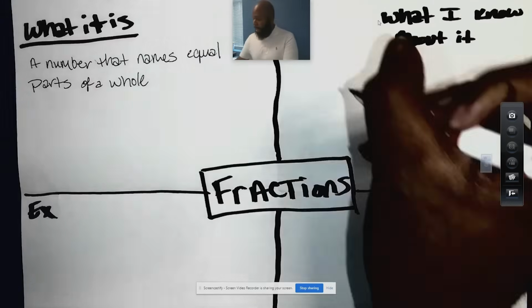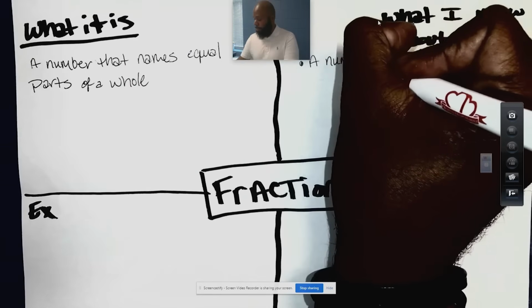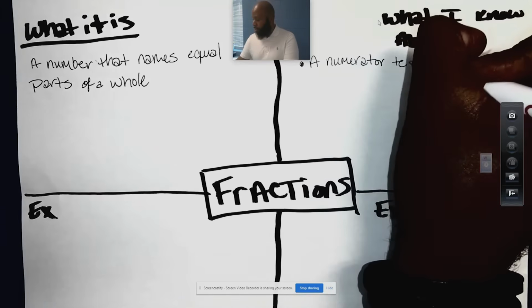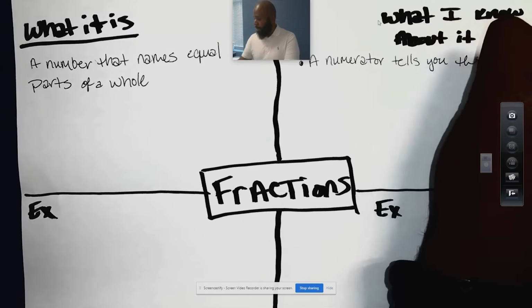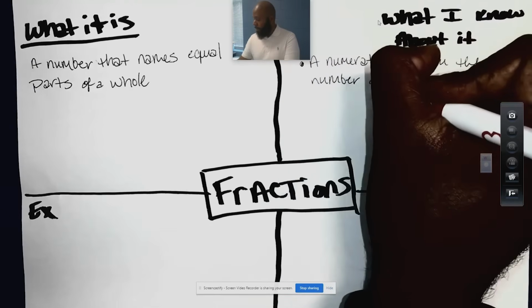Well, you know that a numerator tells you the number of equal parts.